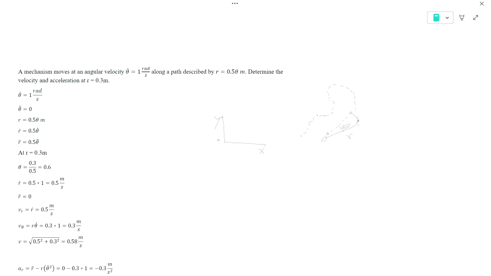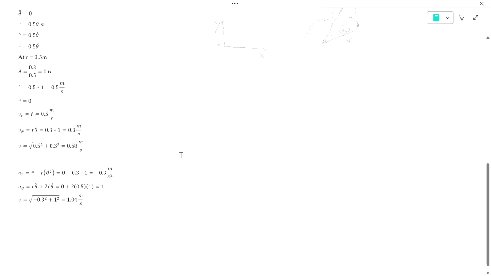This r is going to change at different places. That is a little more complicated, but all you have to do is follow the equations of the acceleration. The radial component is the second derivative of r with respect to time minus the value of r at that given point, because it's a function varying with time, times the change of angular displacement squared. That is your radial component.